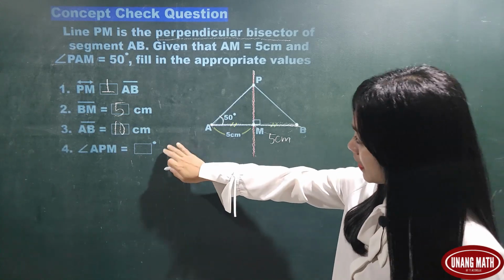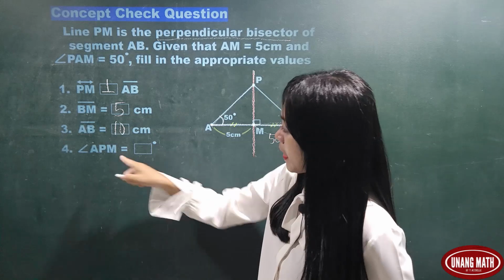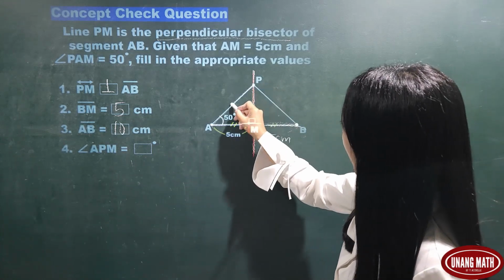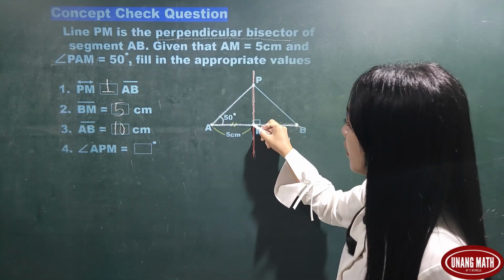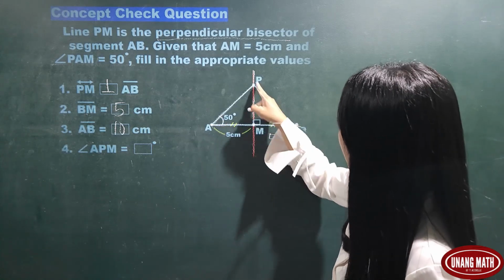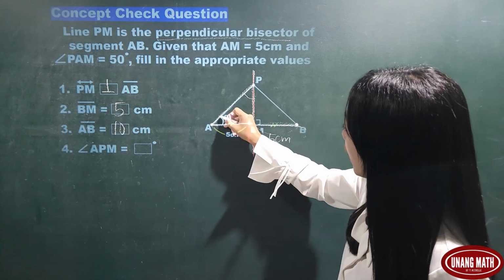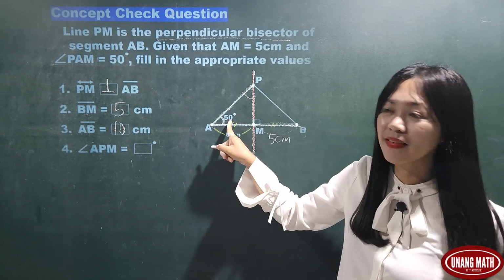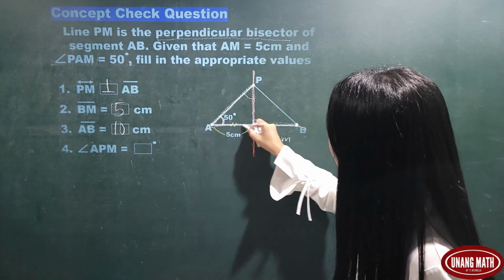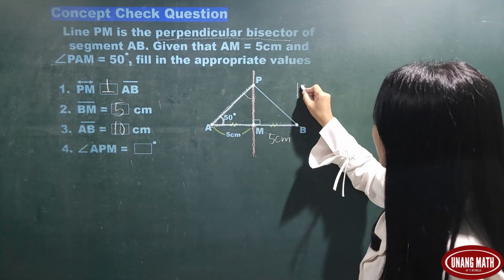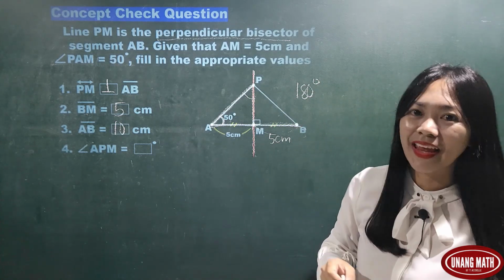And lastly, how about angle APM? So this angle. Since this is 50 degrees, take note, this is a triangle, and the angles of a triangle add up to 180 degrees.